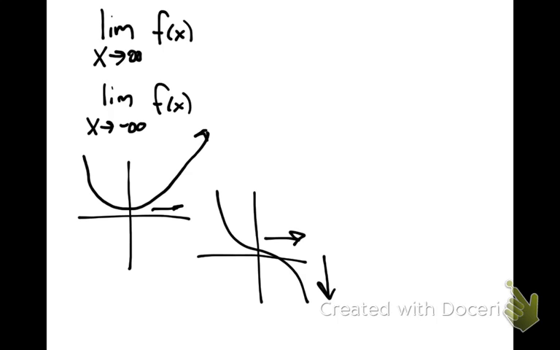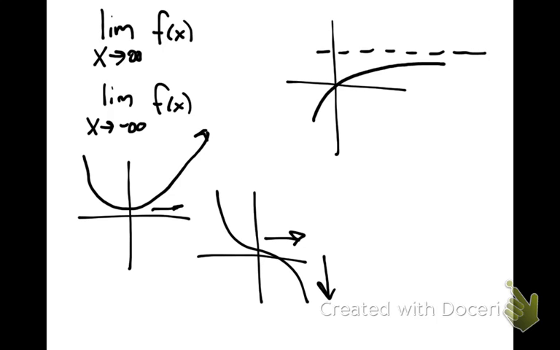Or you could have a curve that levels off a bit. Maybe something that as x gets bigger, like a logarithmic curve, or a square root curve, or even just some weird function. It's approaching some horizontal boundary that it'll never get larger than.